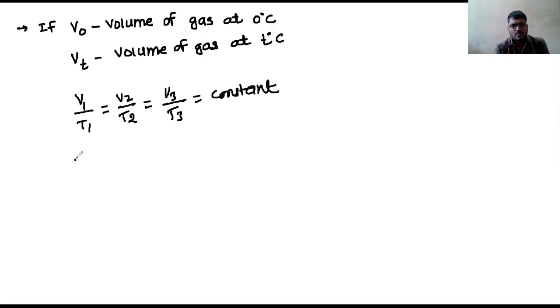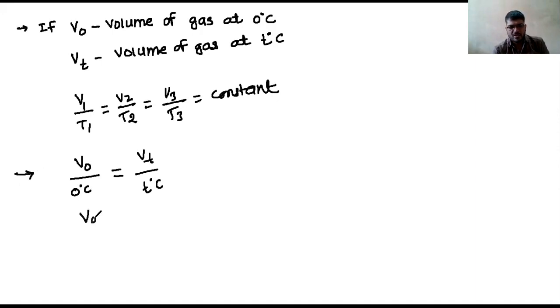Here V0 divided by T1, which is 0 degrees Celsius, is equal to Vt divided by t degrees Celsius. Clear? So here you are getting like this.